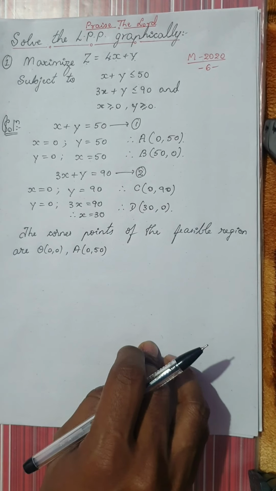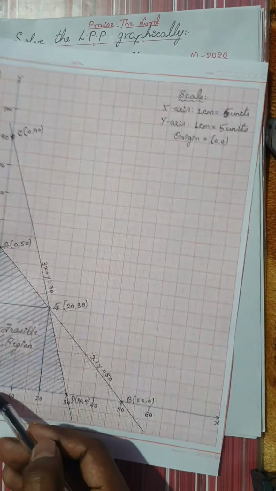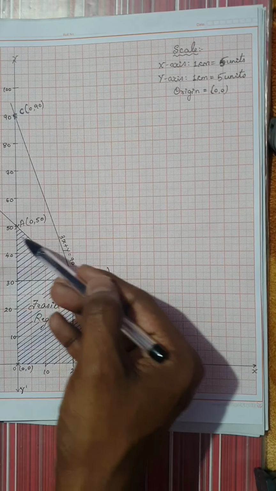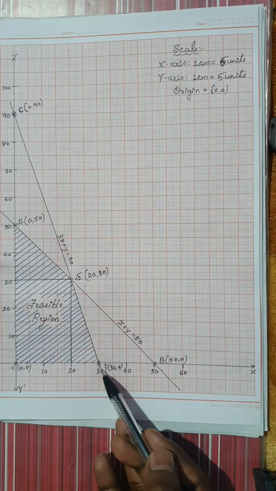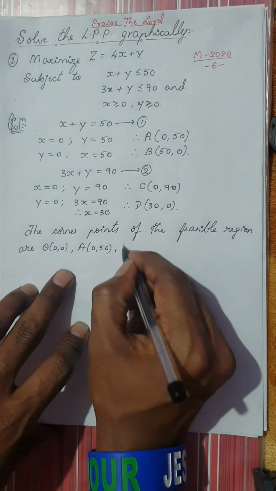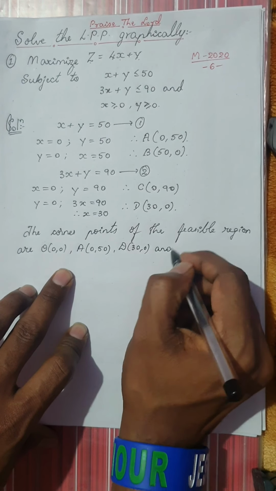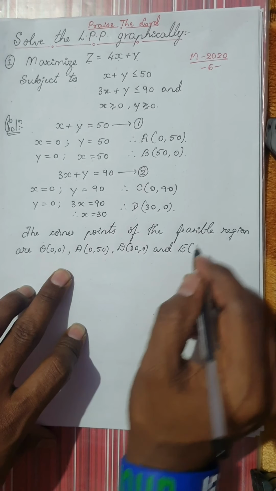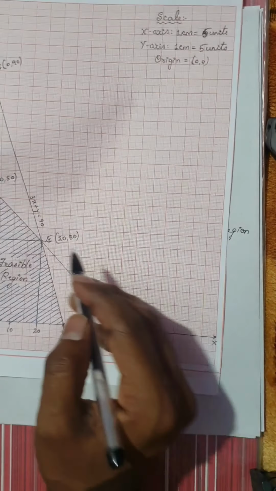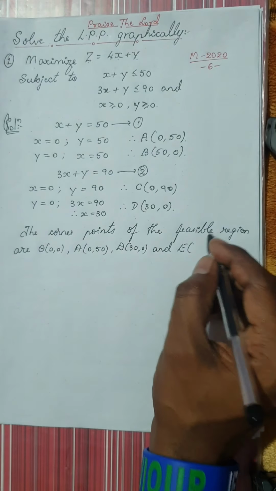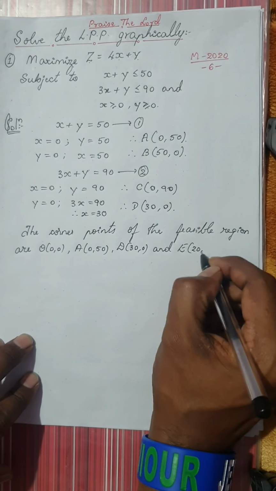If you want you can check it here. Origin which is 0 comma 0, point A that is 0 comma 50, point D that is 30 comma 0, and the new point E which we have found out by the graphical method itself, which is 20 comma 30.